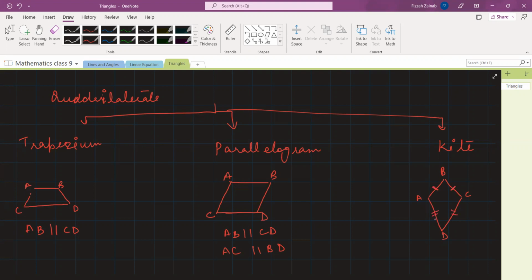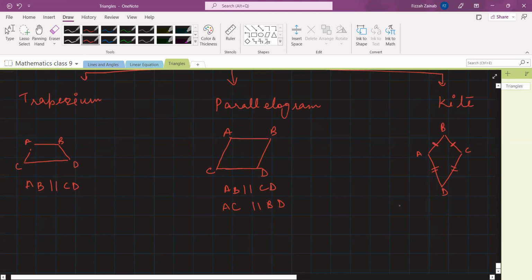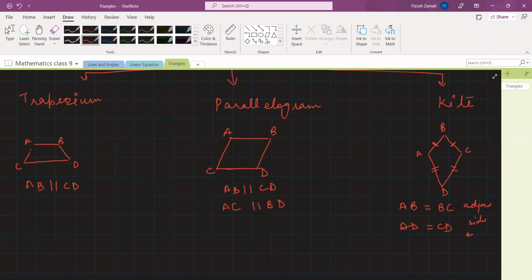Adjacent means one after the other. So you write that AB is equal to BC and AD is equal to CD. That's it. Or in words if you want, adjacent sides are equal. Understand? Yes, ma'am.